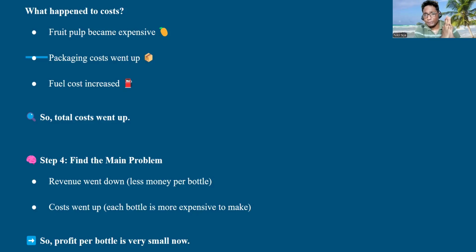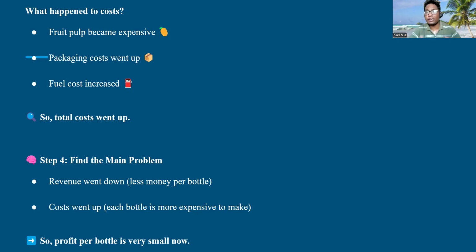So basically, revenue has gone down due to discounts as well as the money demanded by the retailers. And costs went up, that is, variable costs have increased. Fruit pulp has increased, fuel cost has increased, packaging cost has gone up. So basically, variable cost has increased and revenue has decreased.